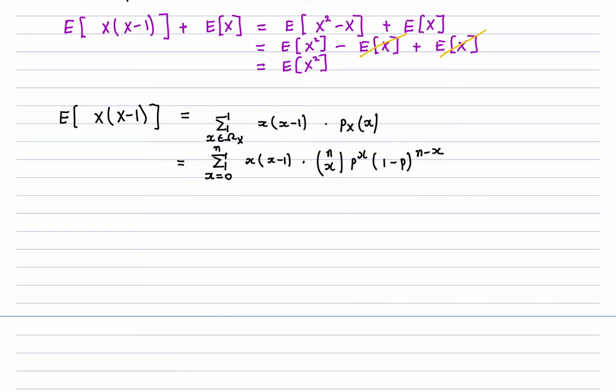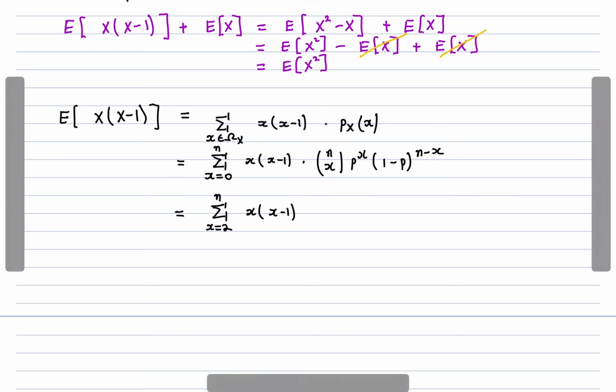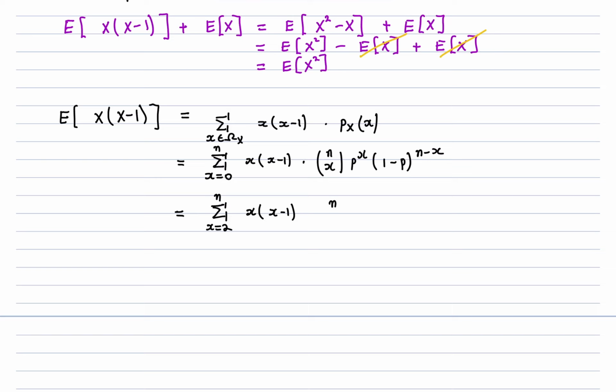And so in the next step I'm going to ignore the first two terms and say from X equals 2 to n of X times X minus 1, and then of course expand the combinatorial factor. You get n factorial over X factorial, n minus X factorial here. And of course, p to the x, 1 minus p to the n minus x.